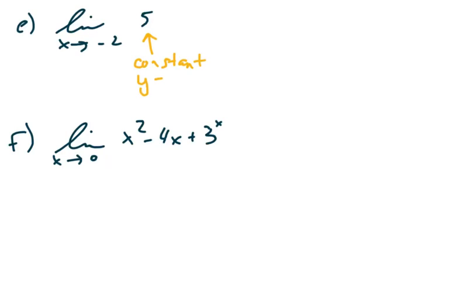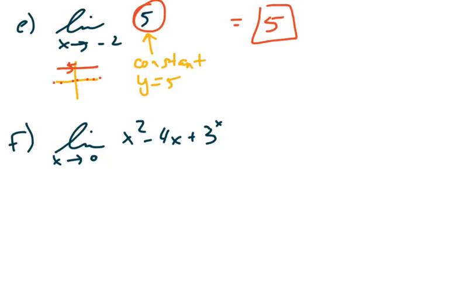Right, this is pretty much telling me that I have the function y equals 5. Well, no matter what x value I am at, if I looked at the graph, this is y equals 5. No matter what x value I'm at, my y value is always going to be 5. So, shortcut here, if you have some sort of constant as your function, that is always going to be the answer to your limit problem.